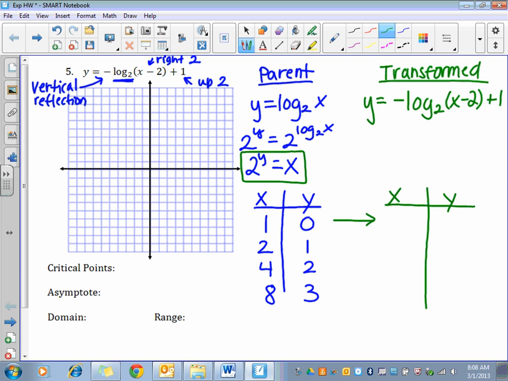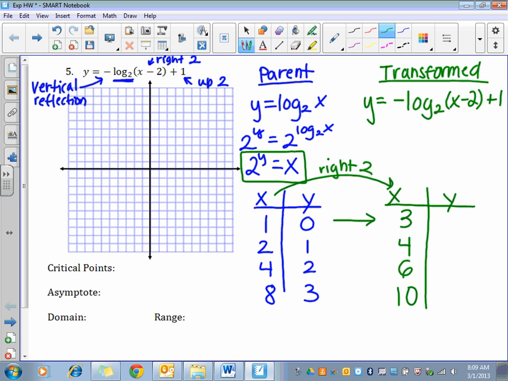The first thing I want to do is look at what happens to the x-coordinates. I said that for the x-coordinates, we need to move to the right 2, which means I'm adding 2 to each of these coordinates. So 1 becomes 3, 2 plus 2 gives me 4, 4 plus 2 gives me 6, and 8 plus 2 gives me 10.